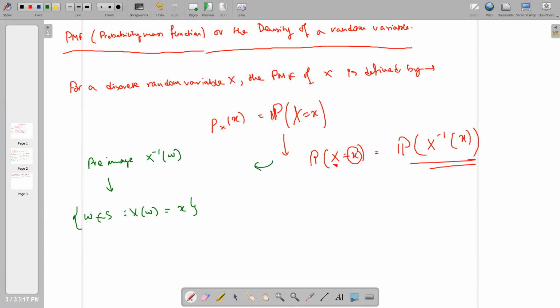Shouldn't that be in R? This should be X. Oh yeah. So the pre-image of this means all those omegas in the sample space for which this happens, right?